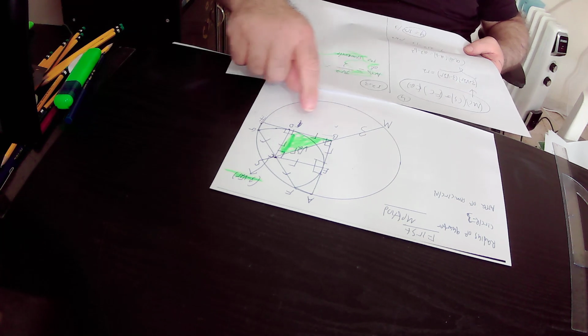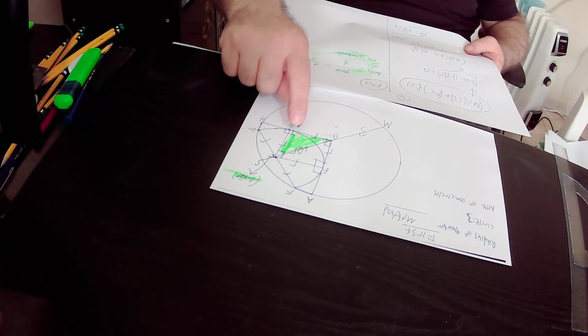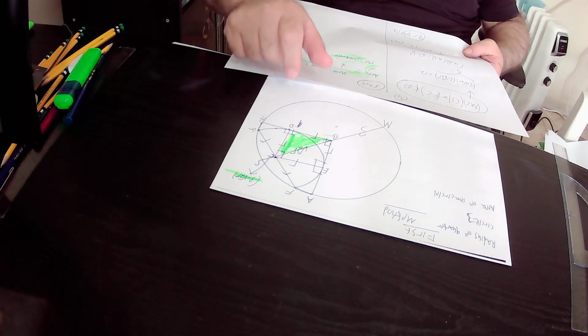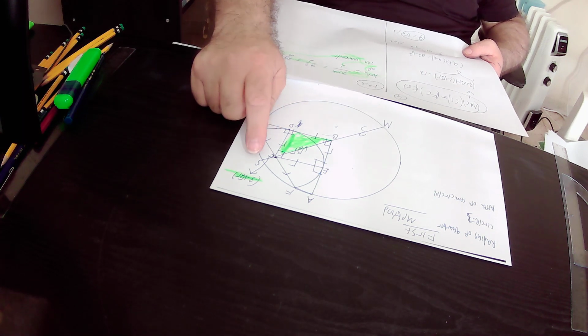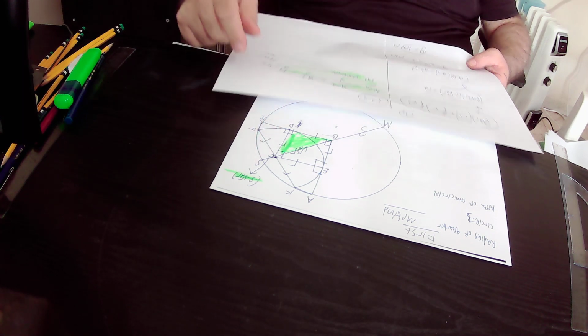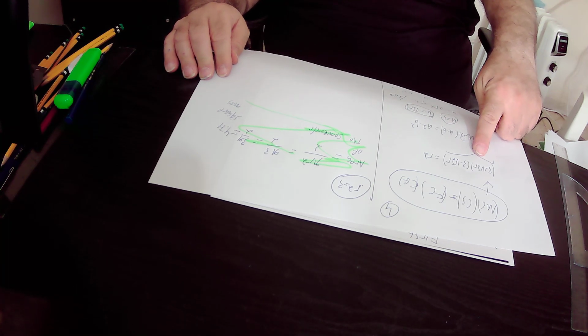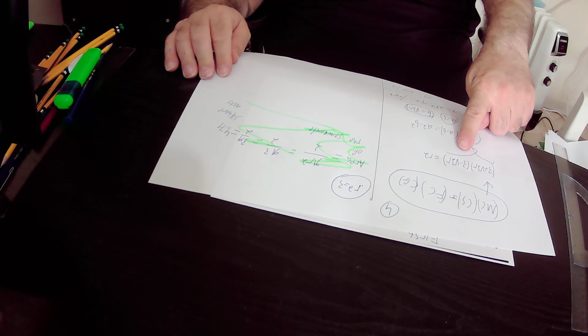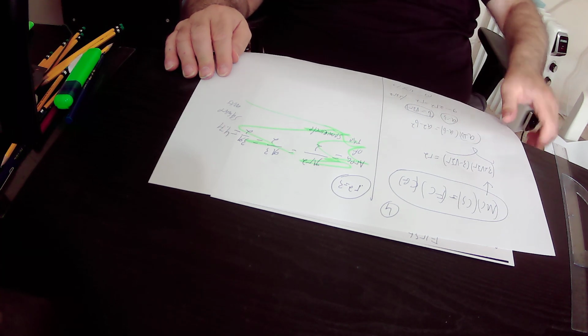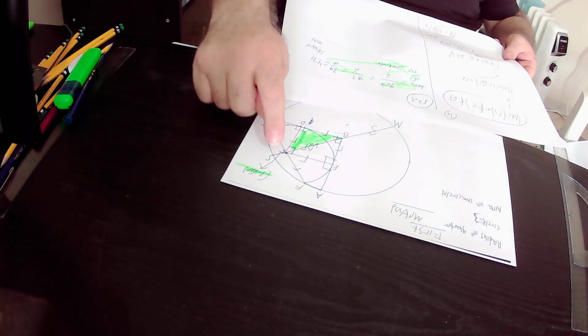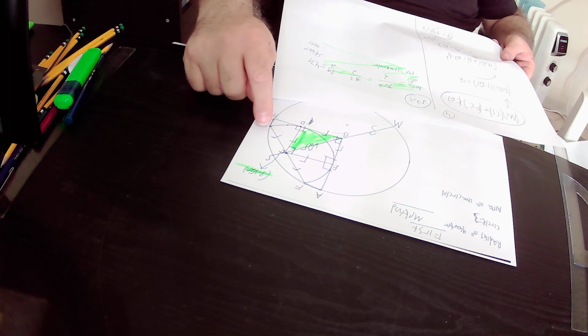MC equals 3 plus square root of 2r. CS equals 3 minus square root of 2r. So MC is 3 plus square root of 2r, CS is 3 minus square root of 2r, FC is r, and CG is r.